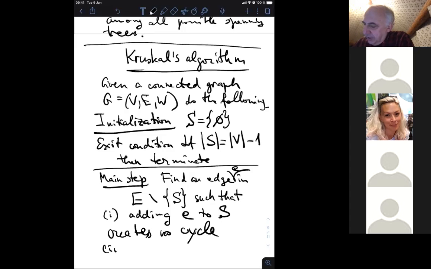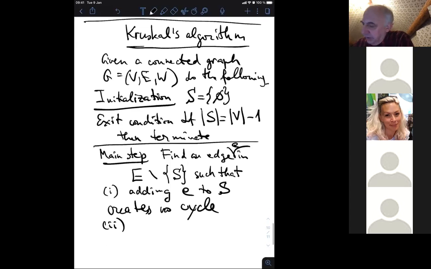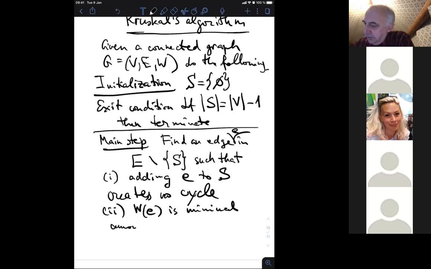And the second condition: the weight of E is minimal among those satisfying the first condition.